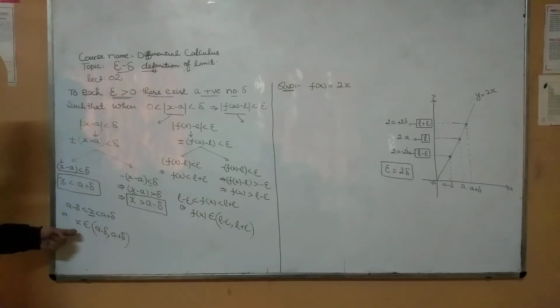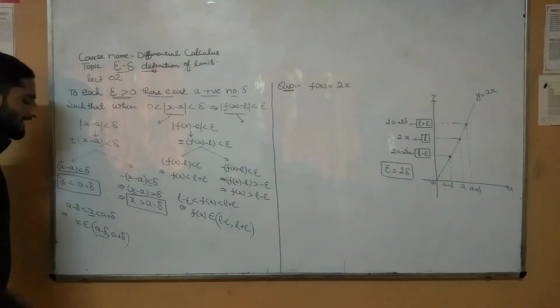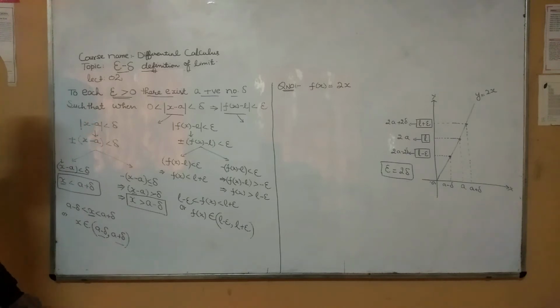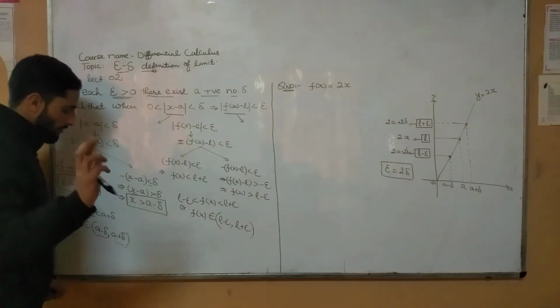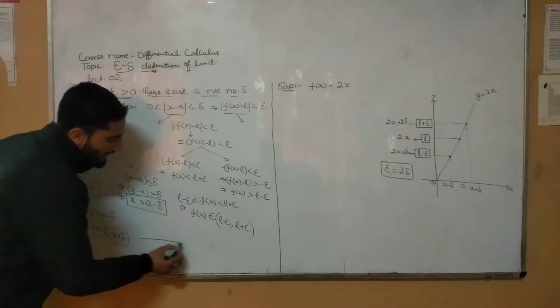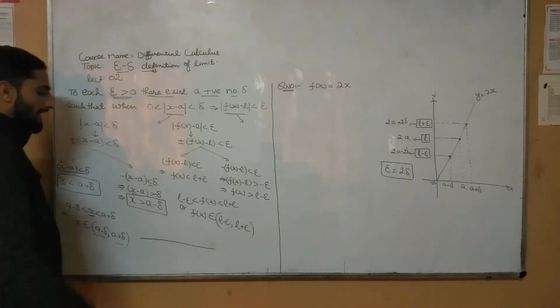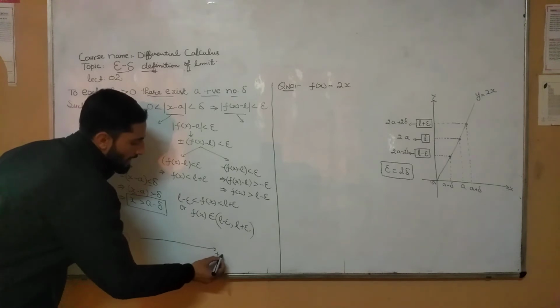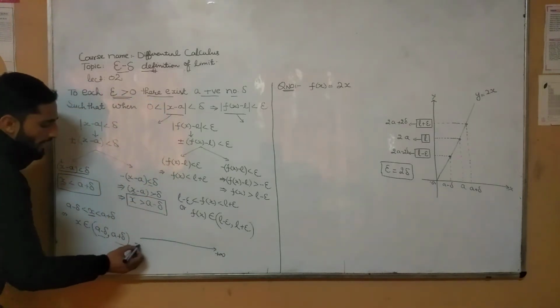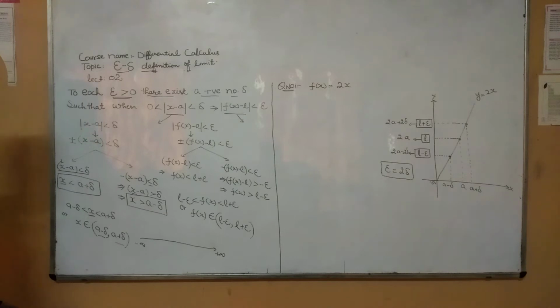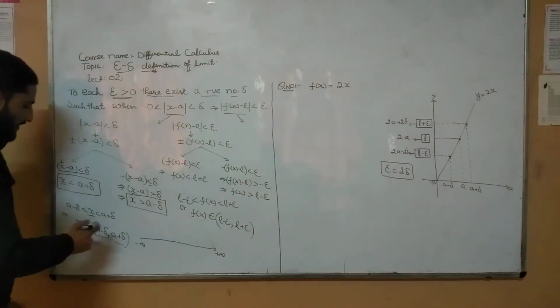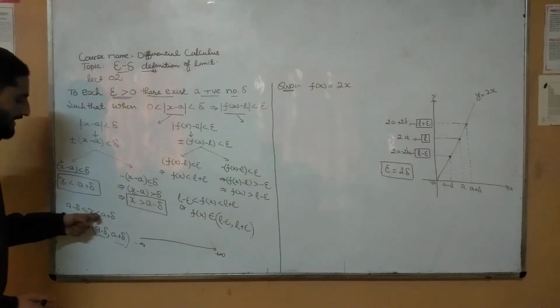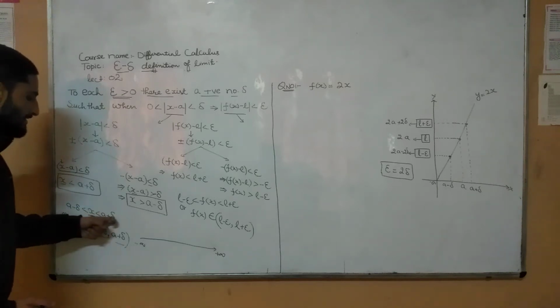Simply we can also write in this form, x belongs to (a minus delta, a plus delta). So if you want to draw this on a number line, we will show plus infinity and minus infinity as it is here. x less than a plus delta.